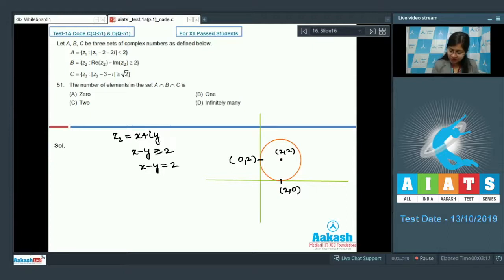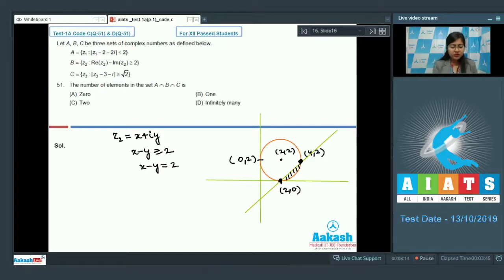So it will pass through the point (2, 0), and it will pass through the point (4, 2), right? So the line is something like this, which is passing through these two points. So the area is definitely lying below this line, that will be set B, which means that A intersection B is this part, right?